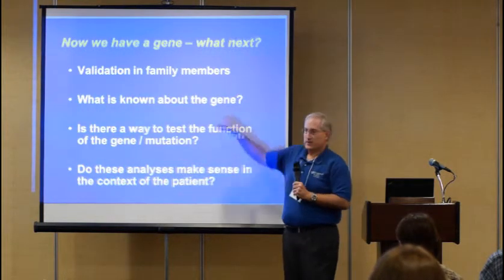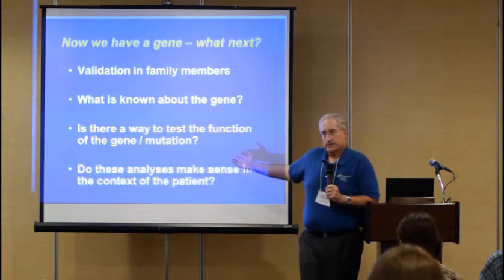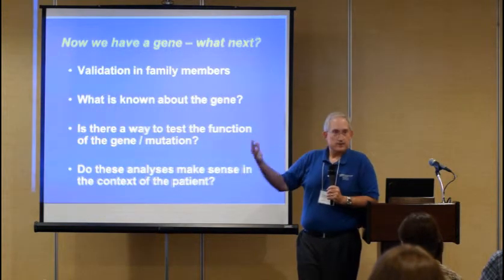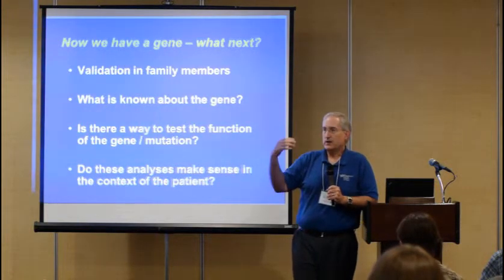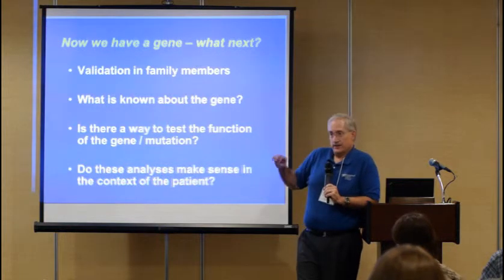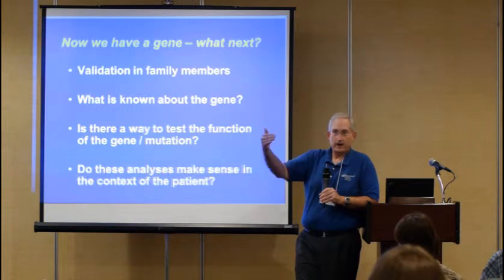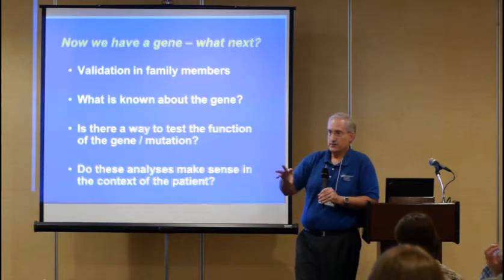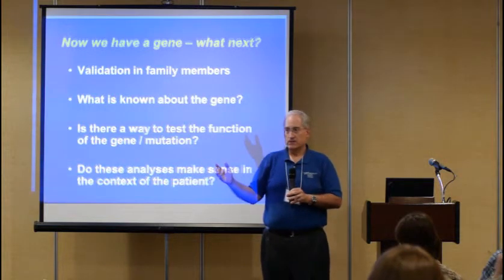The next thing is, okay, we have a name of a gene, what's known about it? In this particular case, we were lucky because there had been something known about it. It had a known function. There had been an animal model that had been developed. But I can tell you we've had a couple of cases where we've come up with 4 or 5 candidate genes that made it through the algorithm. And then you go to the databases and it says unknown function.